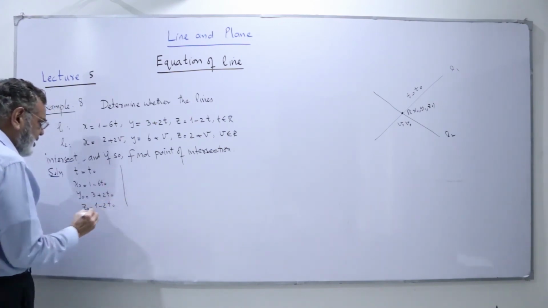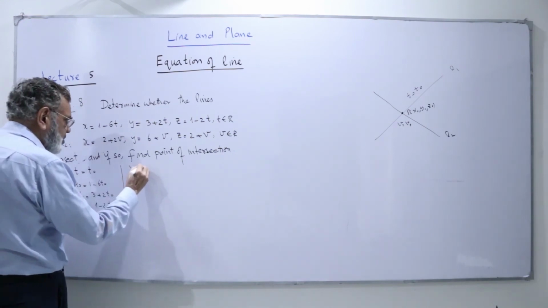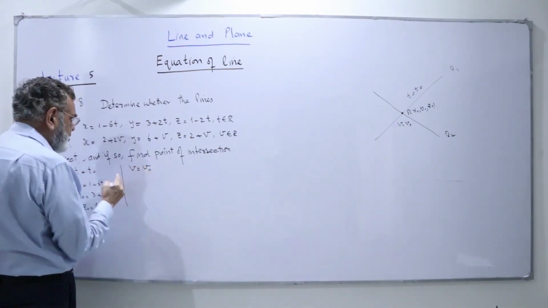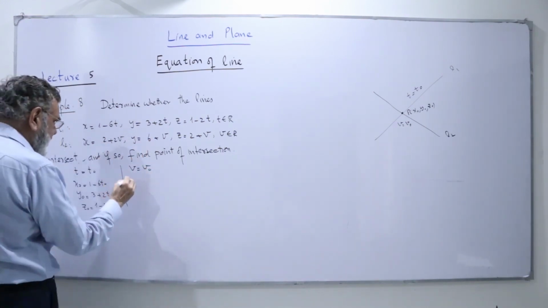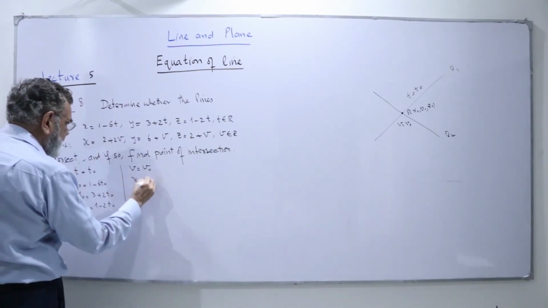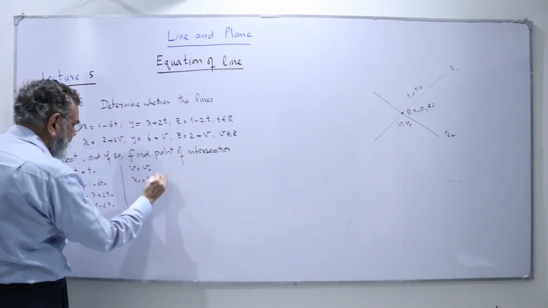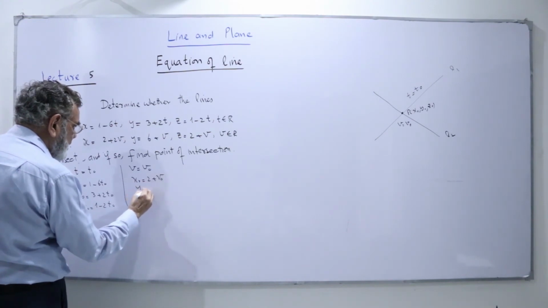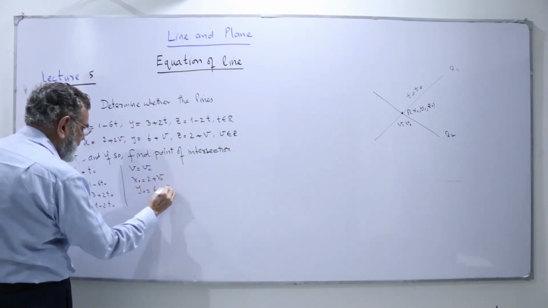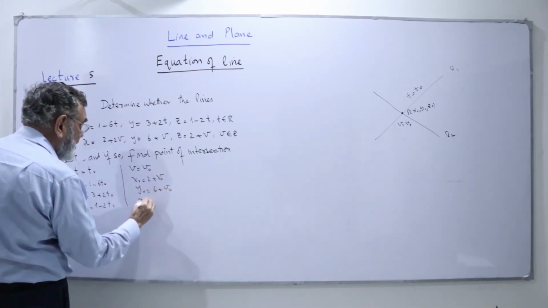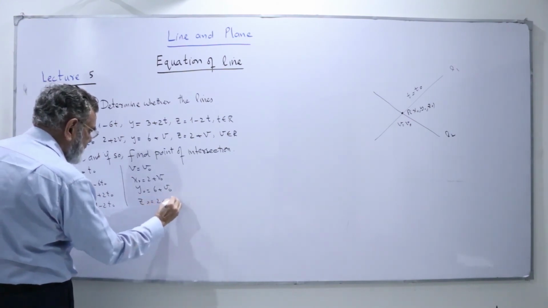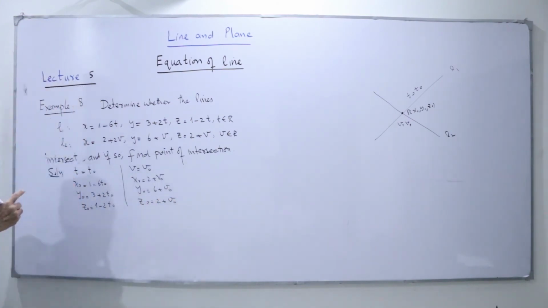And if this is on line L2, then v is equal to v0 and we can put the value of v0 here. So x0, the point of intersection, is 2 plus 2 v0, y0 is 6 plus v0 and z0 is equal to 2 plus v0. So they are going to represent the same point.